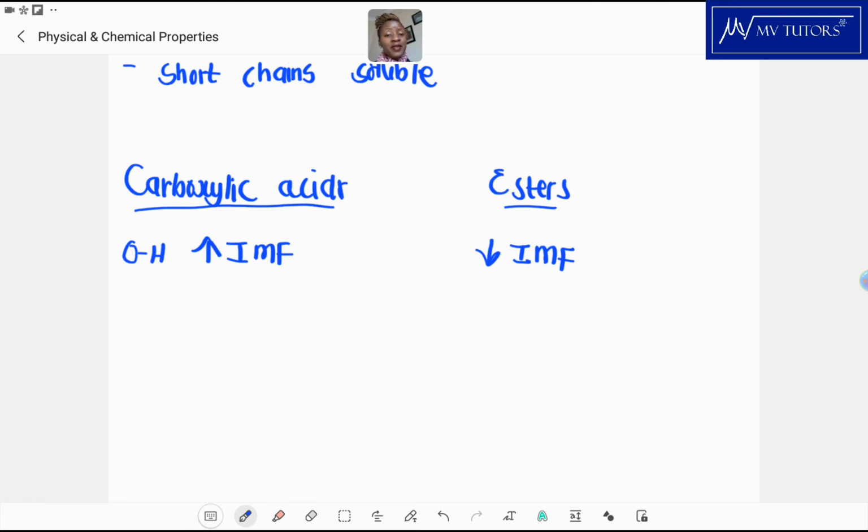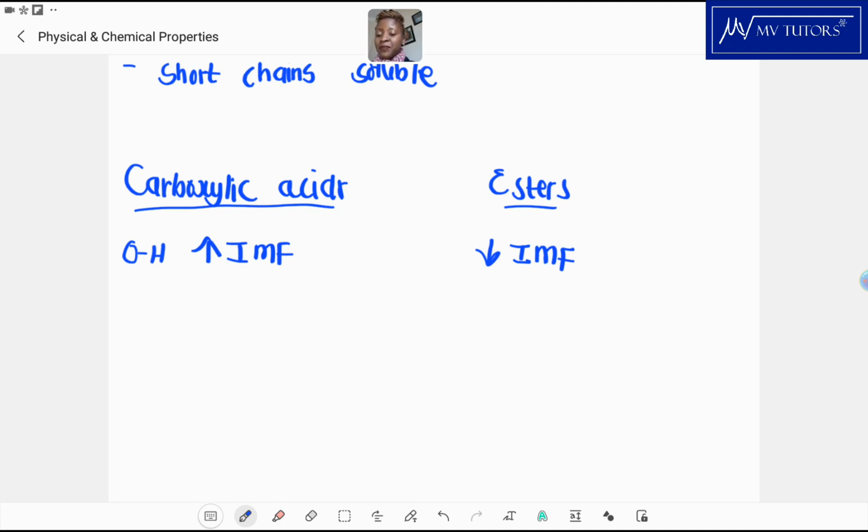But for the rest of the carbon-hydrogen bonds, you still have weak intermolecular forces. The same with carboxylic acid: only where you have your OH is there strong intermolecular forces, but the rest of the carbon chain is still weak. But in general, carboxylic acids do have strong intermolecular forces, as well as alcohols.